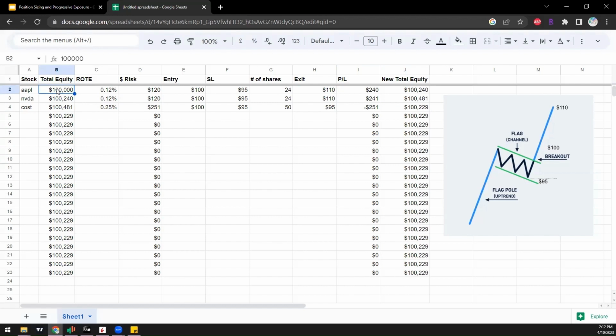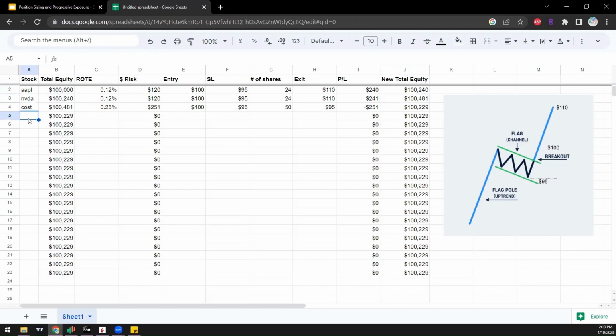That is the main goal of using progressive exposure, that we keep the drawdowns as small as possible. So now we've simply come down from 100,481 to 100,229, but we're still above how much we had put into the account originally, which is $100,000.